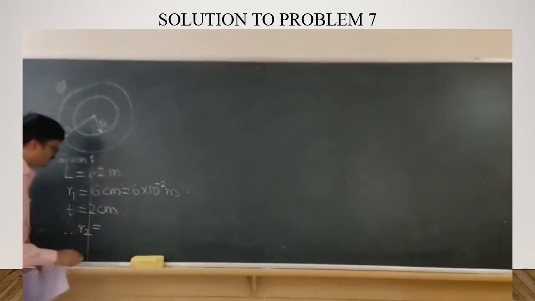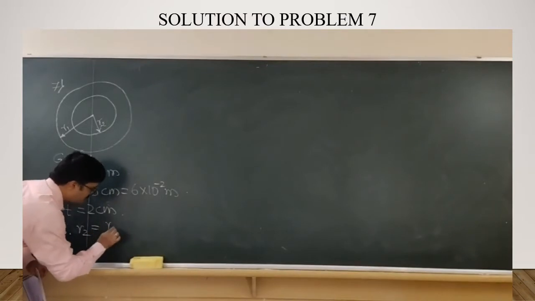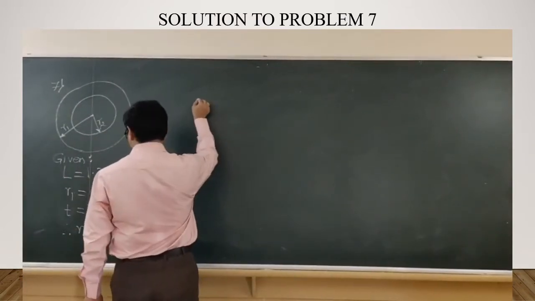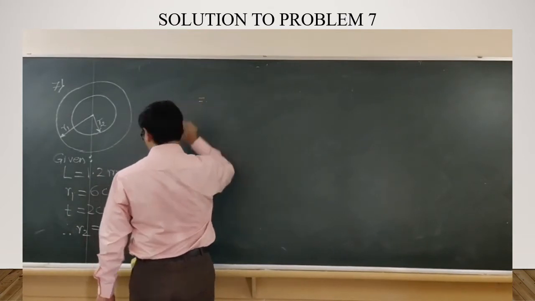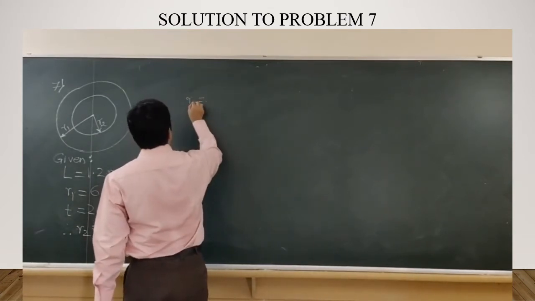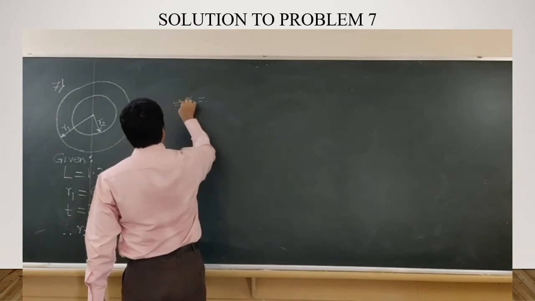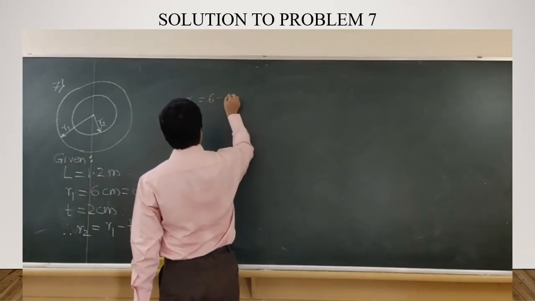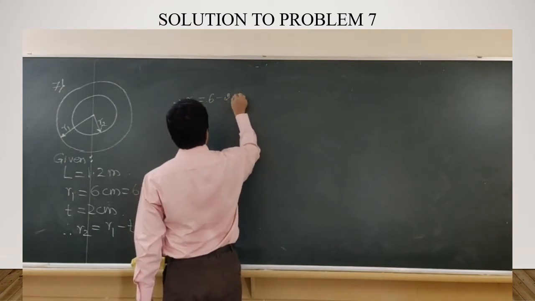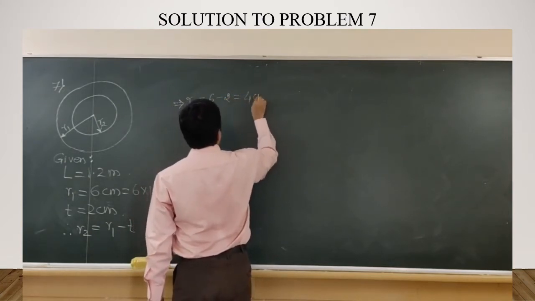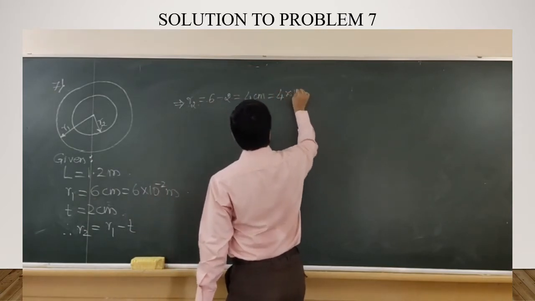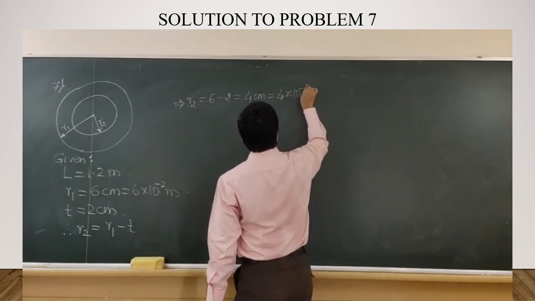So R2 is equal to R1 minus T, which implies R2 is equal to 6 minus 2 centimeter, which is equal to 4 centimeter. This is 4 into 10 raised to minus 2 meter.